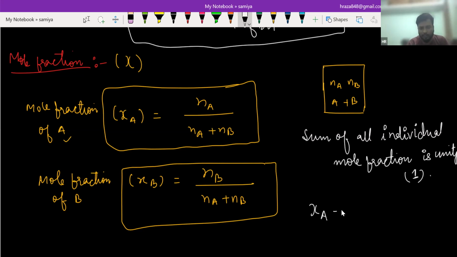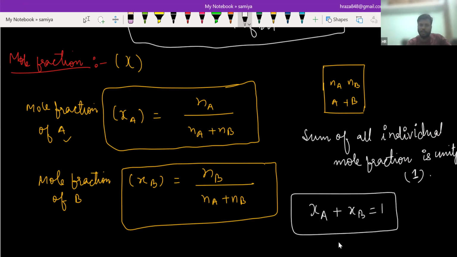That means mole fraction of A plus mole fraction of B is equal to 1. If one of the mole fractions is given directly in the question, like mole fraction of B, you can calculate mole fraction of A by subtracting it from 1.